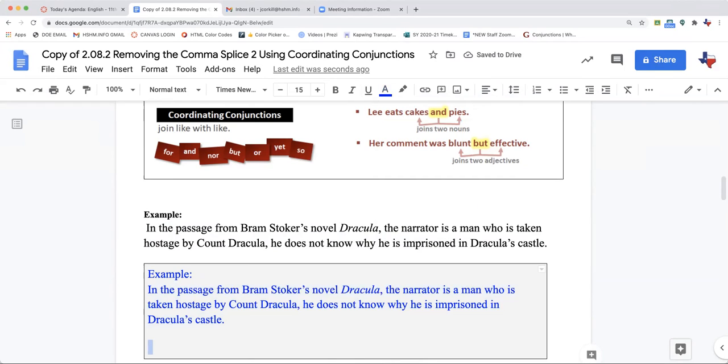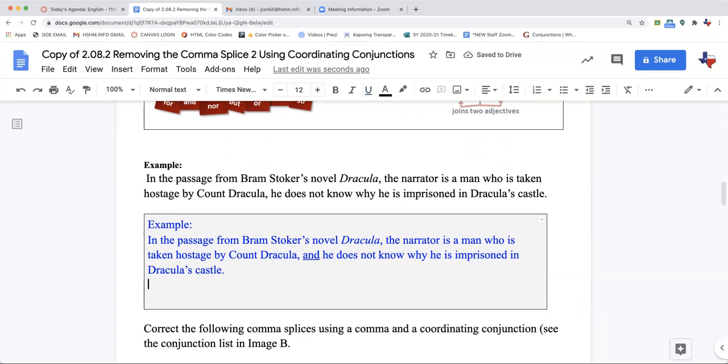I say you could add an and after the comma with Count Dracula. Gotcha. All right. There it is. And that's all I had to do. I didn't even have to retype it because I copied and pasted it because I'm lazy today. So all we did was insert an and right there. And he does not know why he is imprisoned in Dracula's castle.